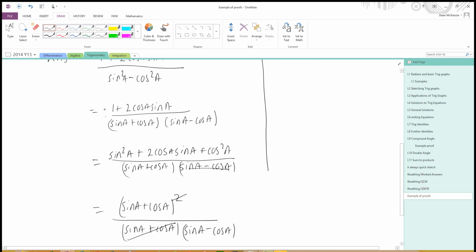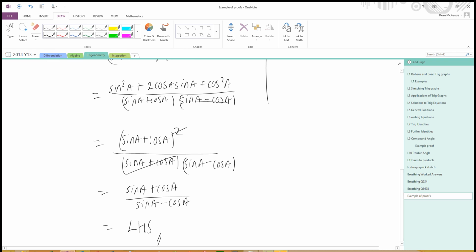Well, to make that, it has to be sine squared plus cos squared, and we know that sine squared plus cos squared equals 1. Therefore, you've got sine A plus cos A all squared, which comes from factorizing the top there. They then cancel, and you're left with sine A plus cos A over sine A minus cos A. A lot of this was algebra.